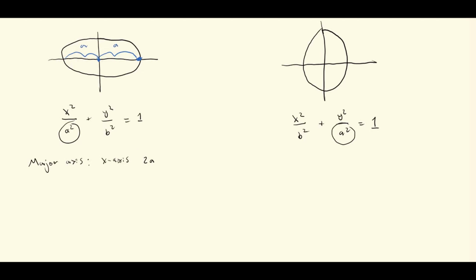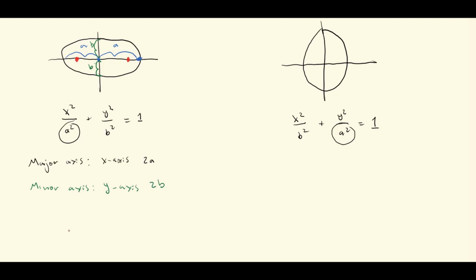And then the minor axis is going to be the shorter one. In this case, it's going to be the y-axis, and it's going to have a distance of 2b. So once again, the distance from here to here is going to be b, and the distance from here to here is going to be b. So the total distance is 2b, and the foci are always going to be on the major axis. The major axis is x, so our two foci are going to be somewhere here.